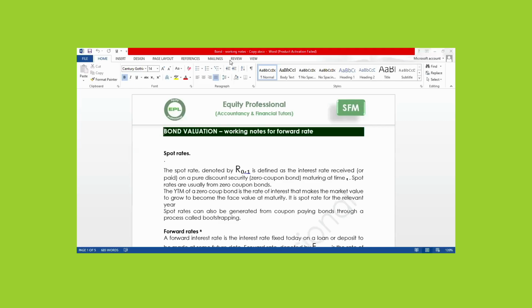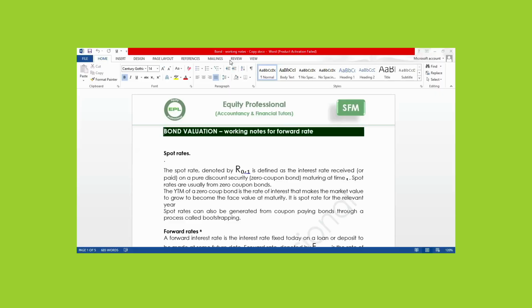Now back to our discussion. We are looking at how to value a bond. We have explained that a bond is a debt instrument, a financial instrument that a company issues with an intention to borrow money and with a promise to pay back at the agreed date.